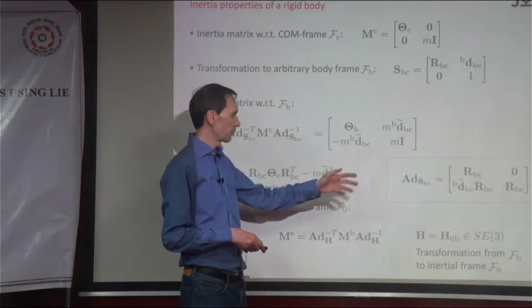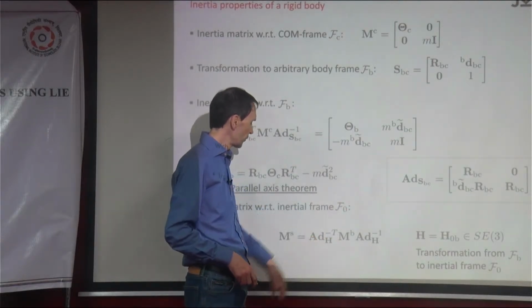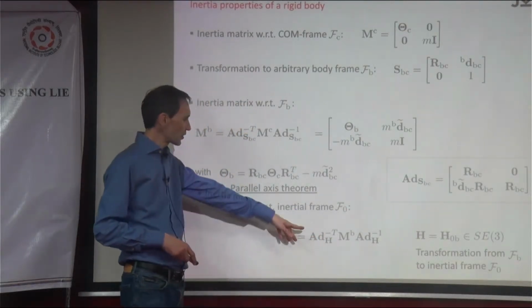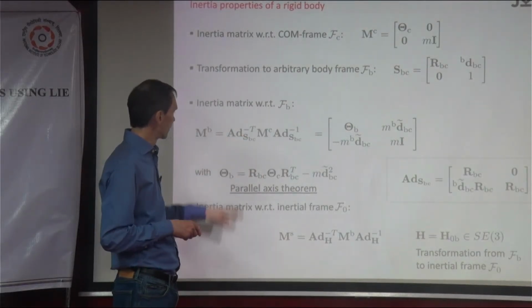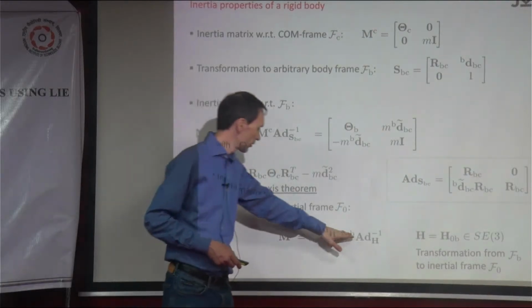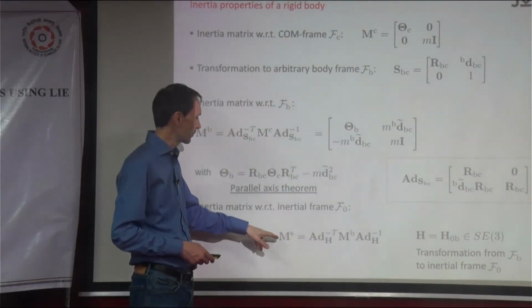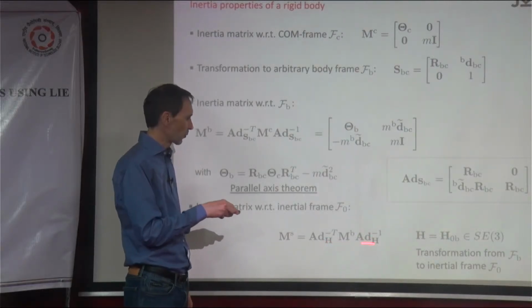Because there's only one H here, we omit the indices, and so the transformation goes the same. The same argument, you get the same multiplication. So now we go from C to M to B, and now we go from B to the SpaceX frame. It's the same, just a different transformation here.